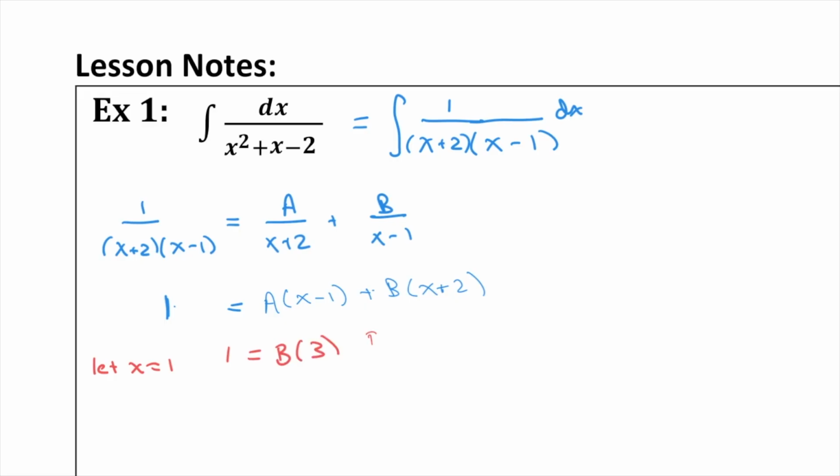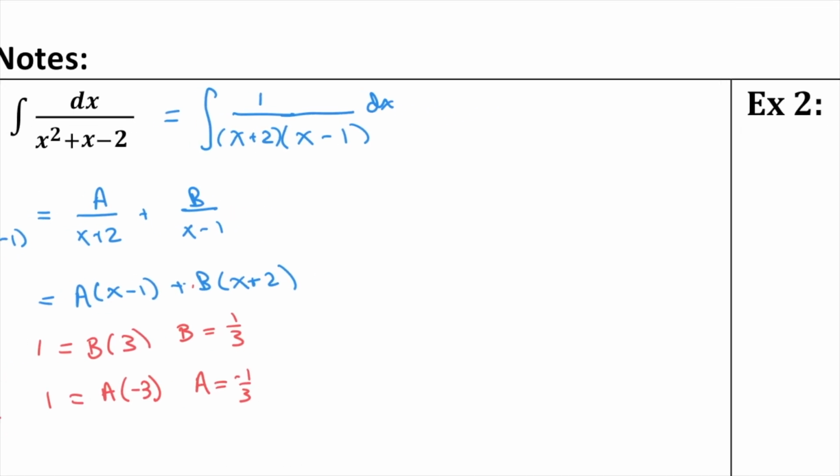So B must be equal to 1/3. Well, next let's let x equal -2. So 1 equals A times -3, and the next part of the expression again is 0. So A equals -1/3, which leads us to rewriting our antiderivative.